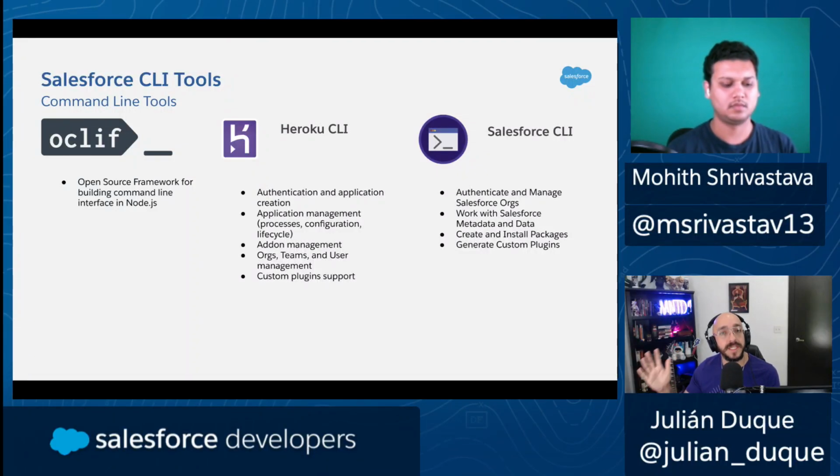Similar to AppExchange, we also have partners that create add-ons that can be used to extend the Heroku experience. You will be able to manage those add-ons from the CLI as well. You can do all of the user management, organization management, team management, and security management, like managing the permissions, who can deploy, who can access a certain application. You can also do that from the CLI.